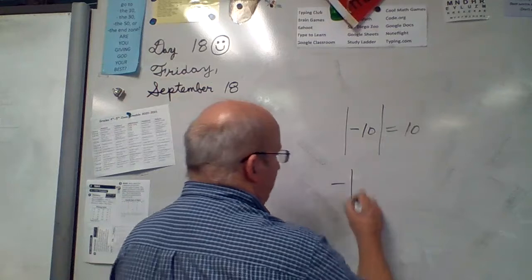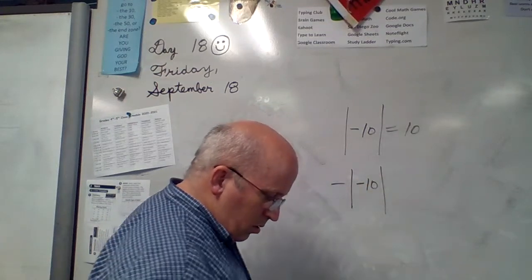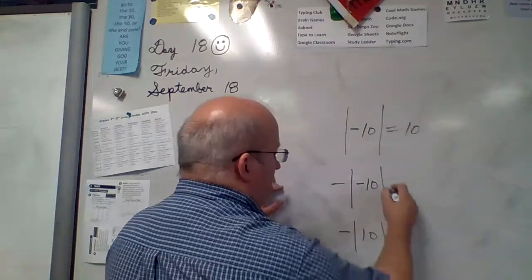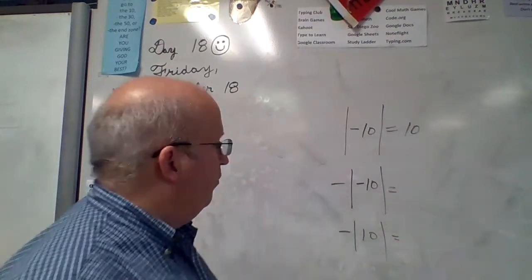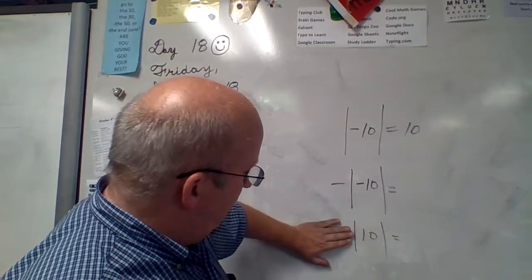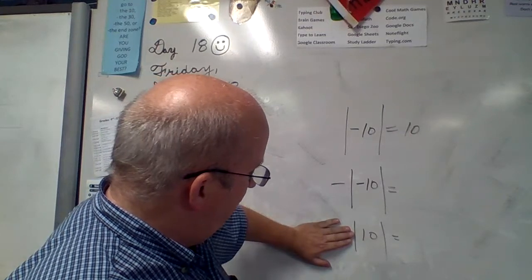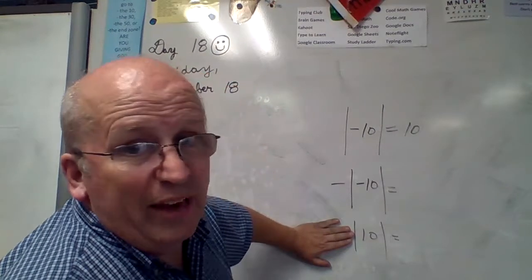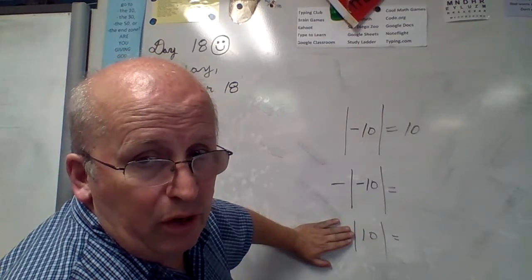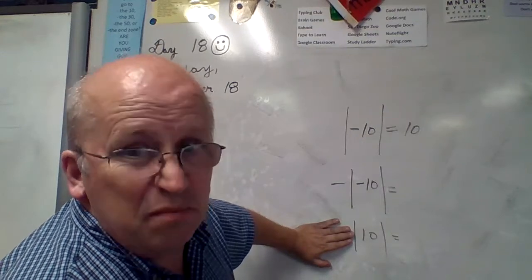But if I have something like this, or something like this, the answer may or may not be different. Let's start with this one. Think about everything except that negative sign, the opposite-of sign that I'm covering up with my hand right now. What would be the absolute value of 10? 10.